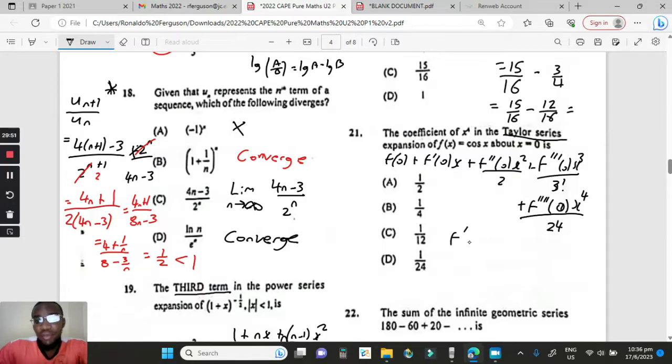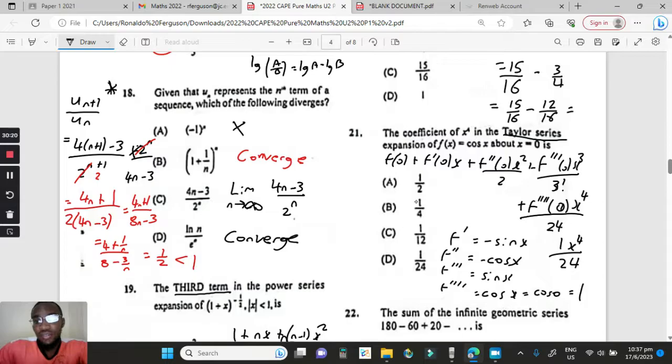So f', when you differentiate cos, you get -sin. Then when we differentiate sin, we get -cos. Then we differentiate -cos to get sin. And then we differentiate sin to get cos. So we end up getting back what we started with, but now we put in cos 0, and cos 0 is 1. So this is now 1x⁴ over 24. So the coefficient is 1/24.